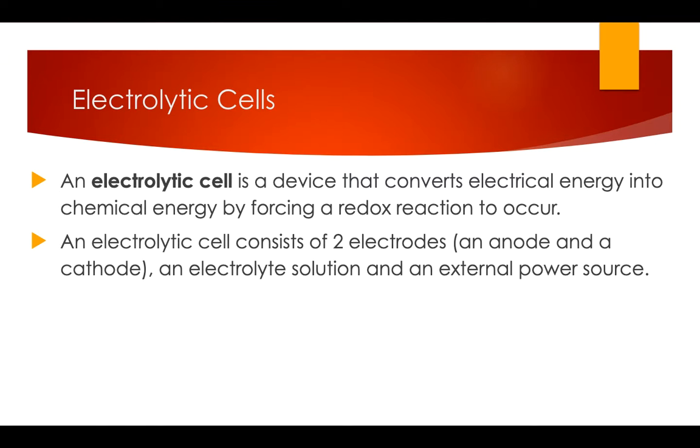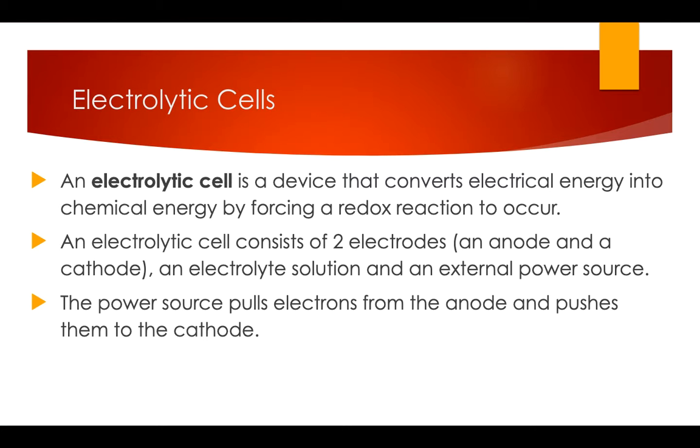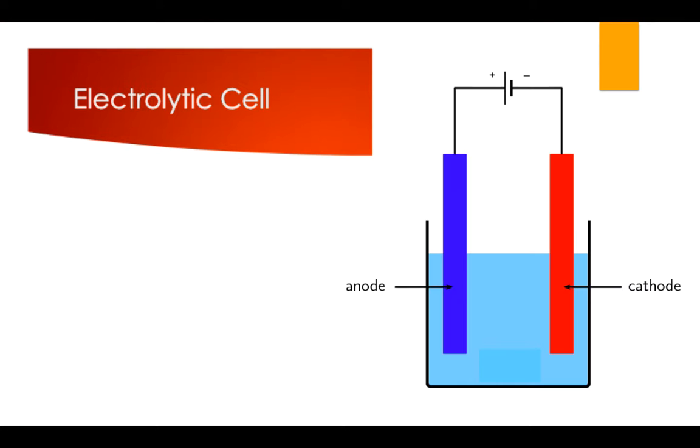An electrolytic cell consists of two electrodes, an anode and a cathode, an electrolyte solution, and an external power source. The power source is going to pull electrons from the anode and push them to the cathode. If we look at a diagram, we have the anode and the cathode in an electrolyte solution, and a power source that connects the two.